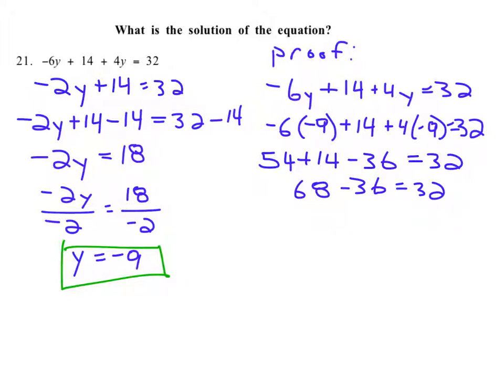And do the math over on the side if you need to, but if I have this 8 take away this 6, that gives me the 2. And if I have this 6 take away this 3 from the tens place, that gives me a 3 in the tens place. That is equal to 32. And we say check. That's it.